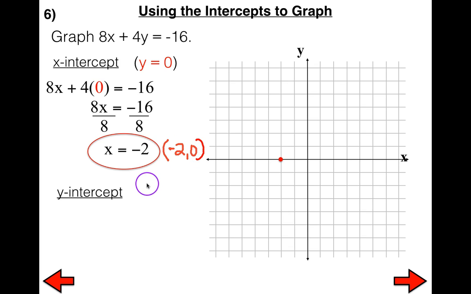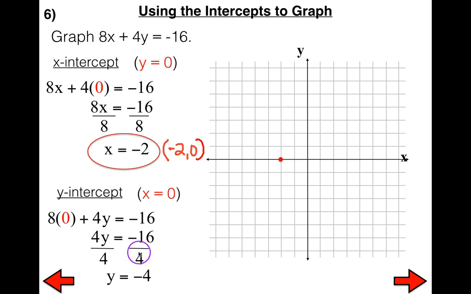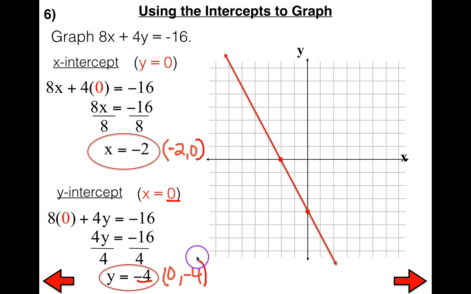And then you're going to find the y-intercept by plugging in x equals 0. Solve. In this case, you're going to get y equals -4. So on the y-axis, you're going to go ahead and plot -4. And again, this ordered pair would be 0, comma, -4. Now you have your line.